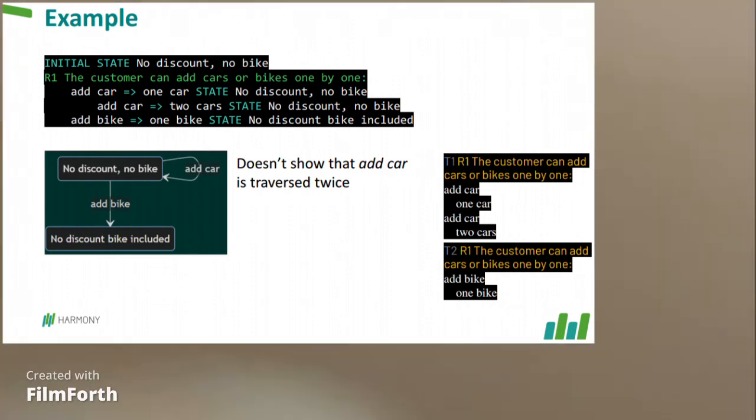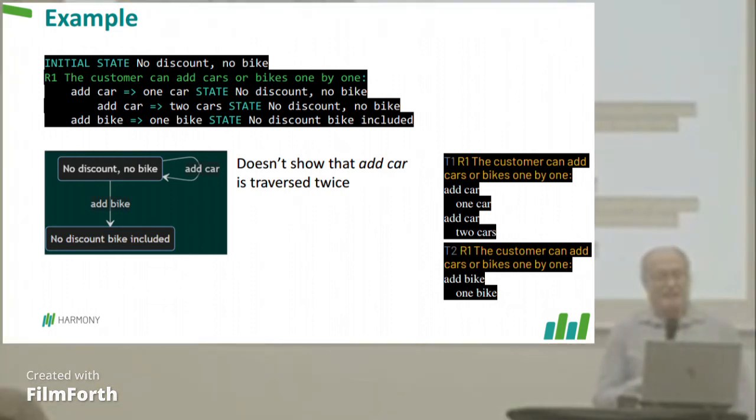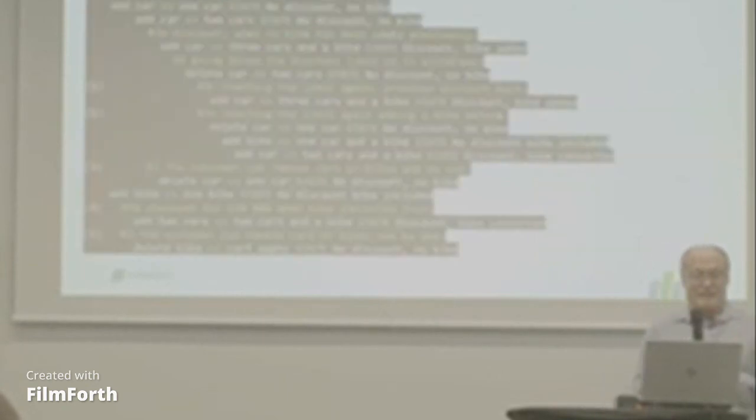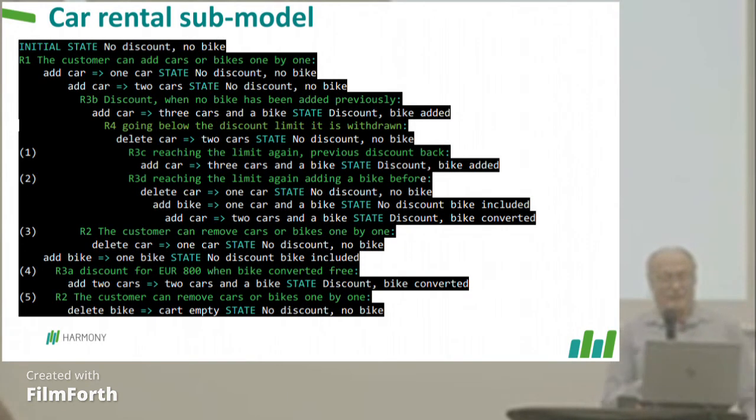You can see the related state chart, and you can see that it doesn't show that add car is traversed twice. And on the right-hand side, you can see the generated 2 test cases. These are also abstract test cases, but a tester can understand and execute.